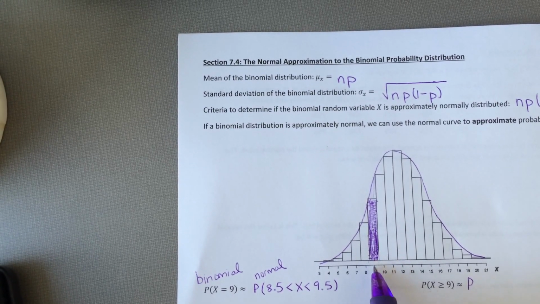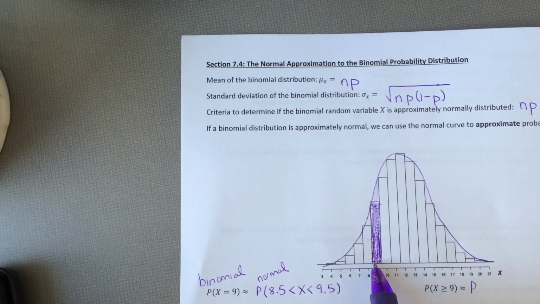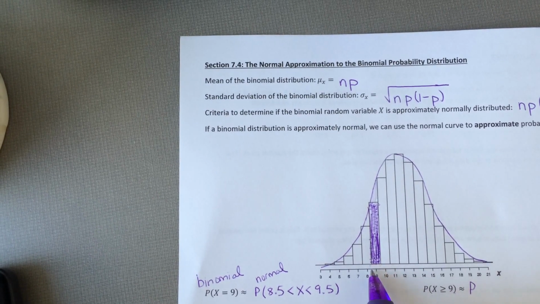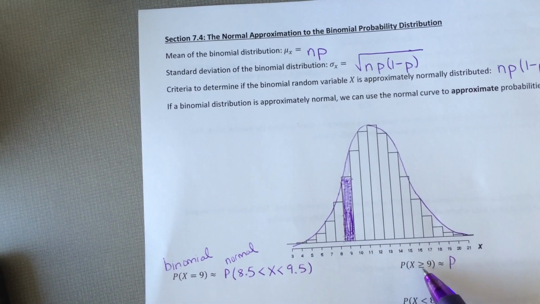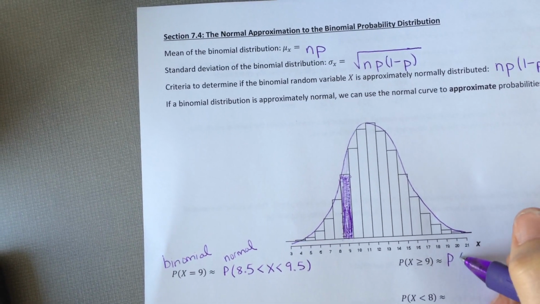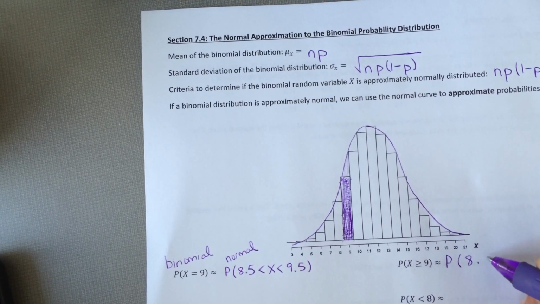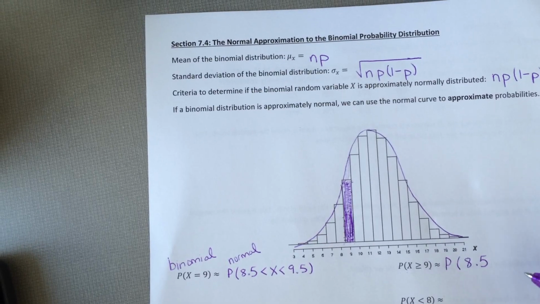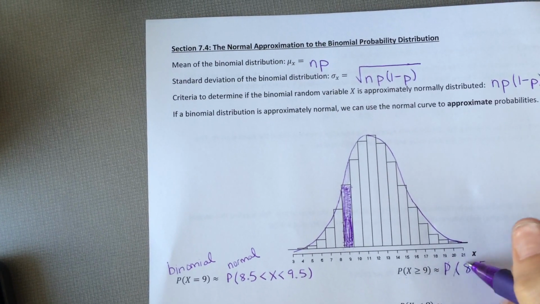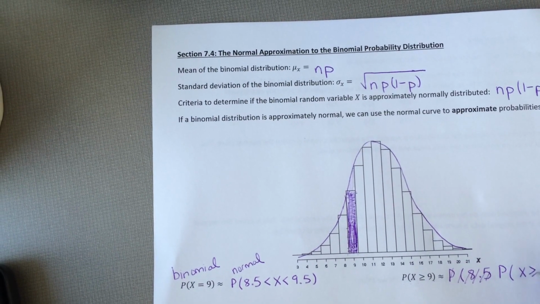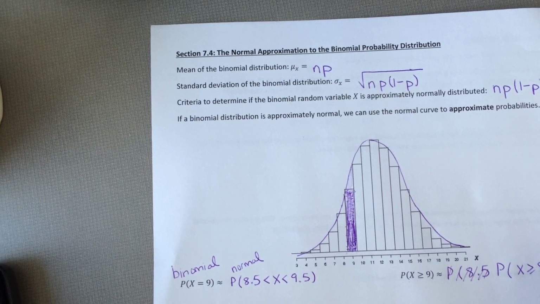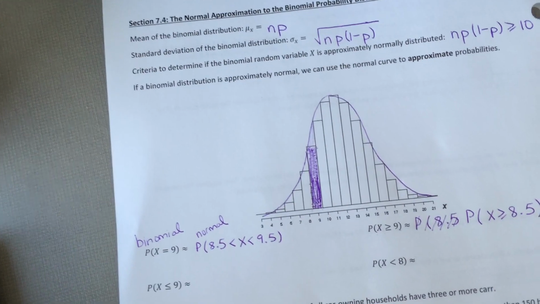But notice our rectangle at 9 actually starts at the halfway point between 8 and 9, so that's 8.5. So if we wanted the probability that x was greater than or equal to 9 using our normal curve, we'd actually have to start at 8.5. Let me rewrite that: it'd be the probability that x is greater than or equal to 8.5 using our normal approximation.